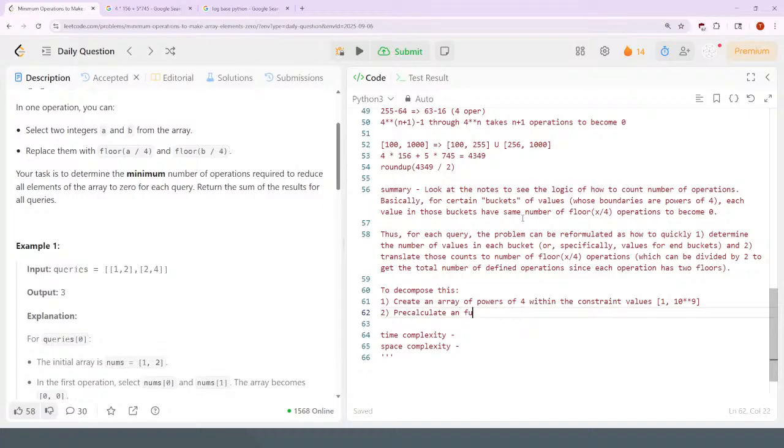Calculate the full ops array, which calculates the number of floor x divided by 4 operations needed to zero a full bucket values.